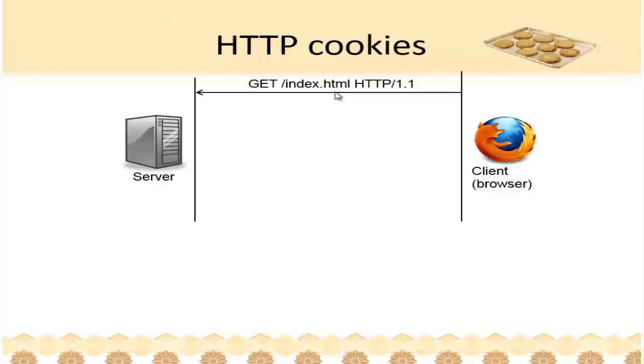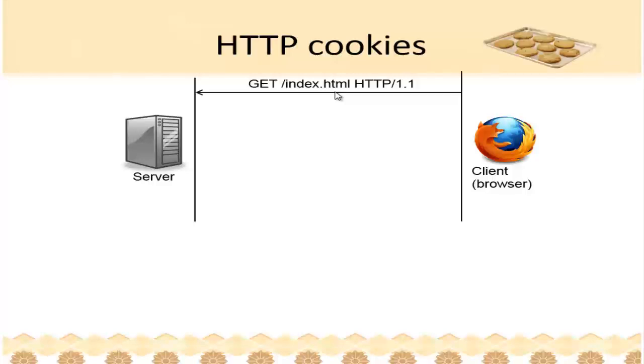If you open up the header of the HTTP, this is what the request looks like. So the GET word that you are using is actually defined in the protocol itself. And the last one indicates the version number of HTTP that the browser is using to communicate with the server.